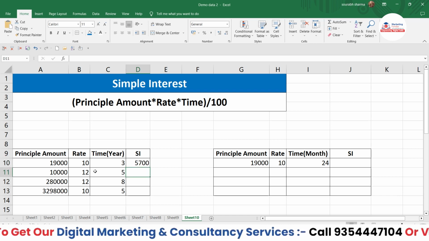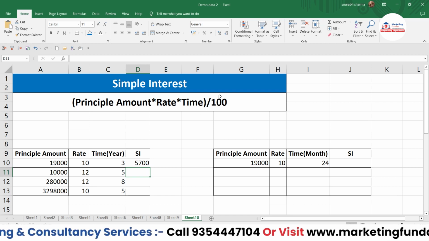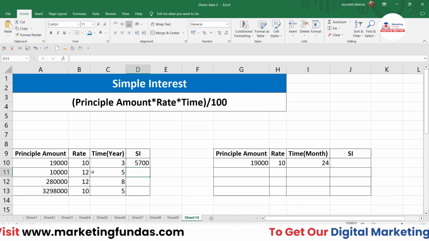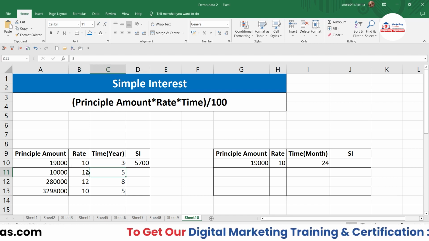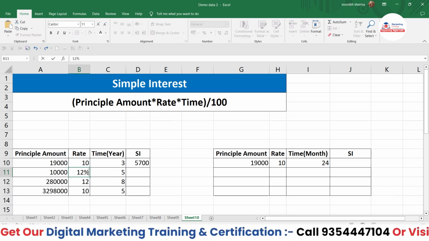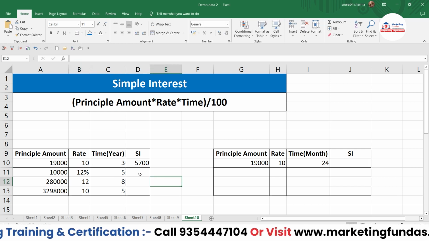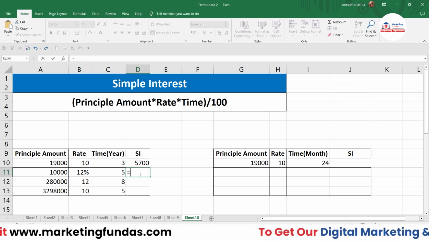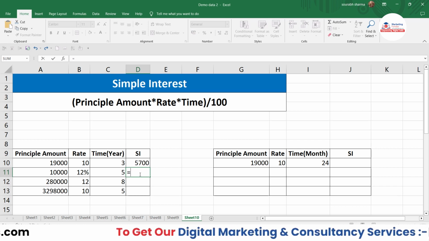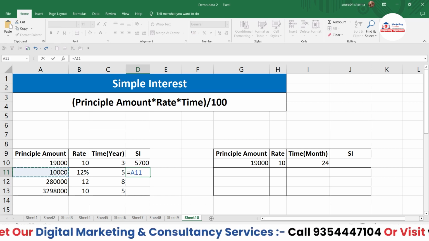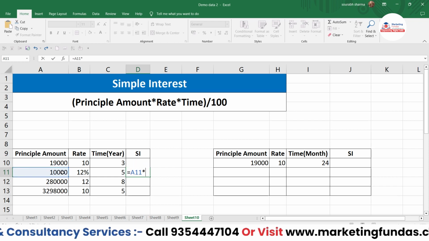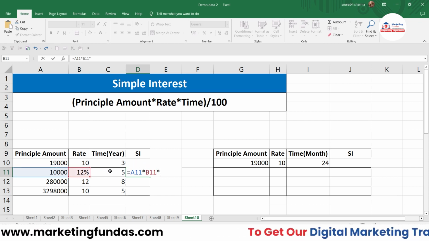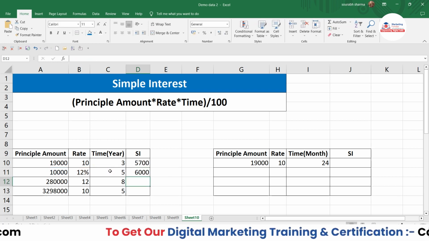Now there is one more way to calculate this. If you don't want to divide by 100, you just do one thing. You can just write the percentage here, right? Now you just have to multiply these three things and everything will be done. Let me do this. Equals 10,000 into 12% into 5, and hit enter.